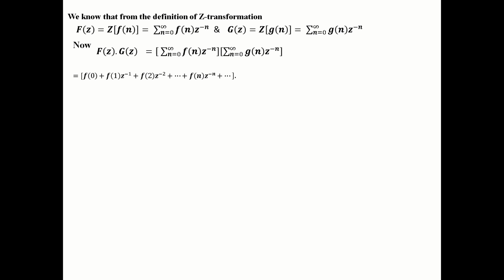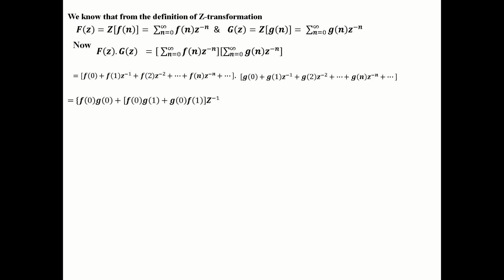Now expanding, f of 0 plus f of 1 z power minus 1 plus f of 2 z power minus 2 plus and so on, nth term f of n z power minus n plus and so on, into g of 0 plus g of 1 z power minus 1 plus g of 2 z power minus 2 plus and so on, nth term g of n z power minus n plus and so on.